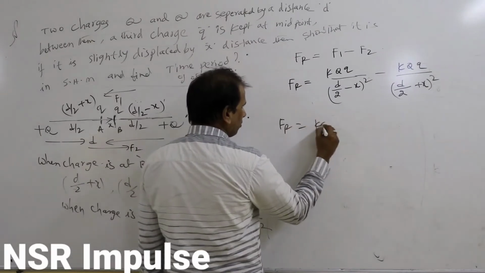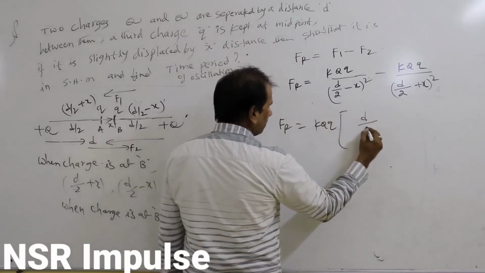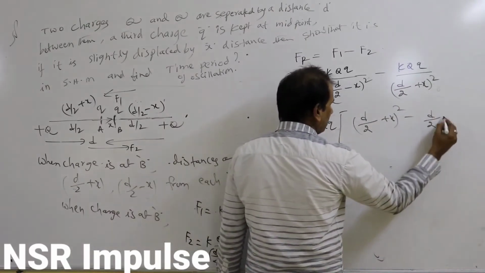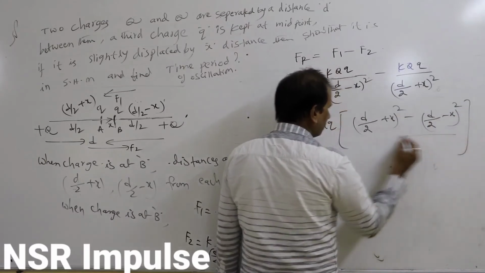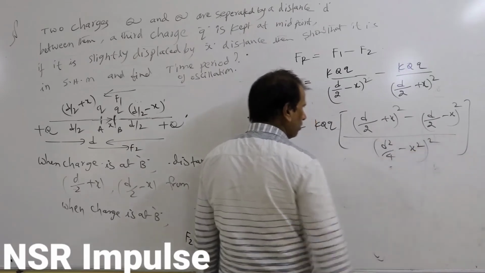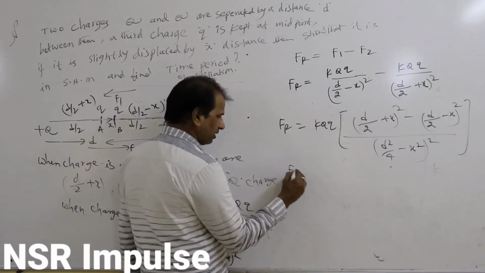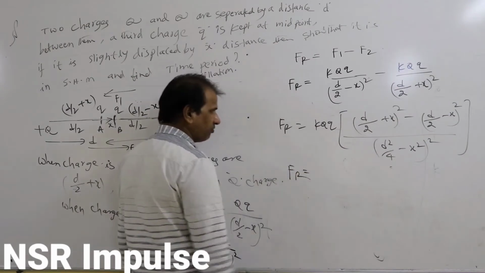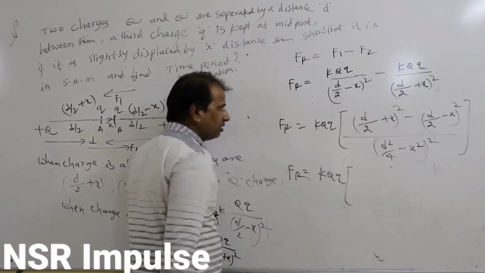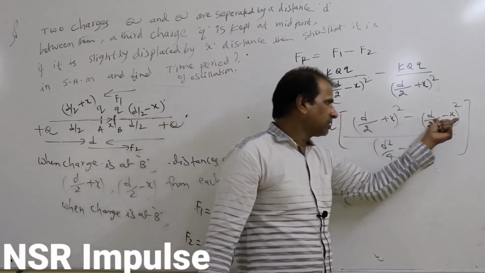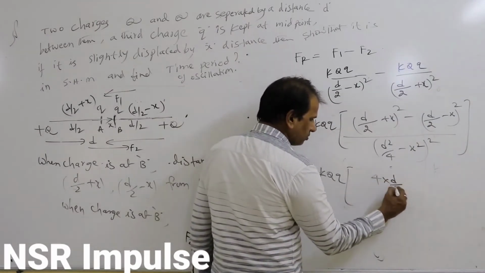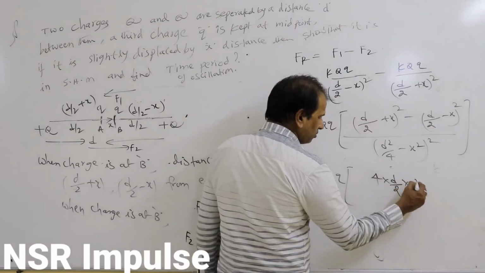So Fr is equal to K Q q times [(d/2 plus x) whole square minus (d/2 minus x) whole square] by (d square by 4 minus x square) whole square. Using (a plus b) whole square minus (a minus b) whole square equals 4ab, this means 4 into d by 2 into x.